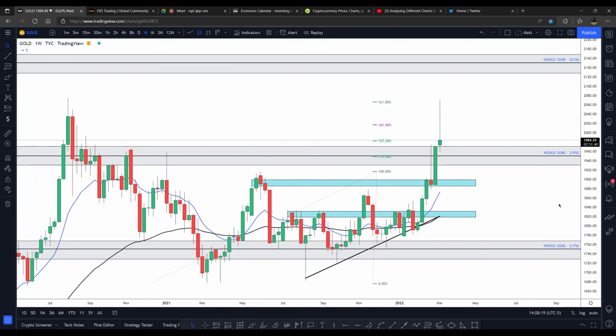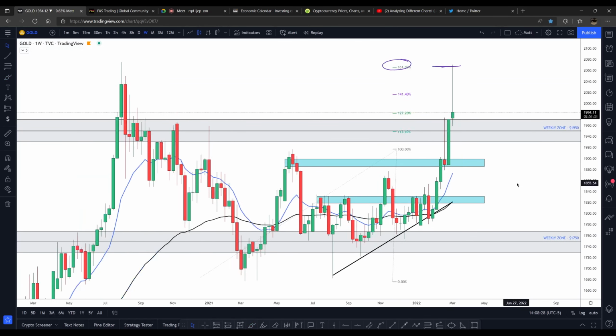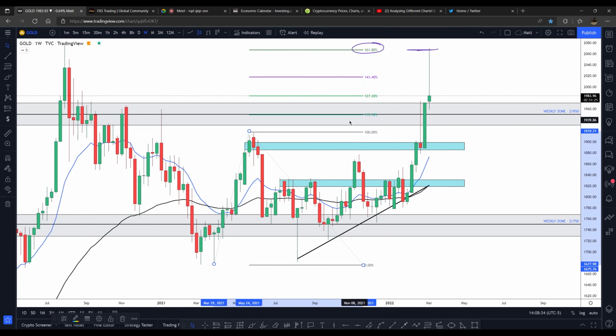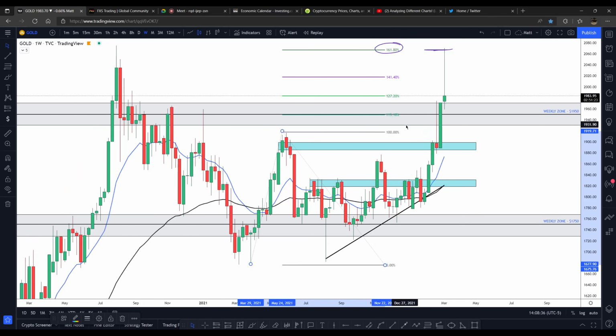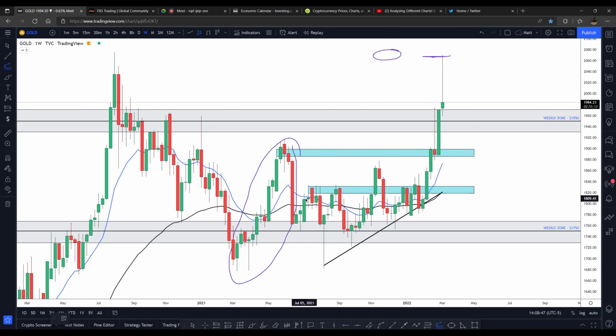You can clearly see that we pushed basically into the midpoint, more or less. This 161 Fibonacci expansion level, I had drawn connecting this entire bullish impulsive move. Let me redraw this really quickly for those of you wondering how I drew this.